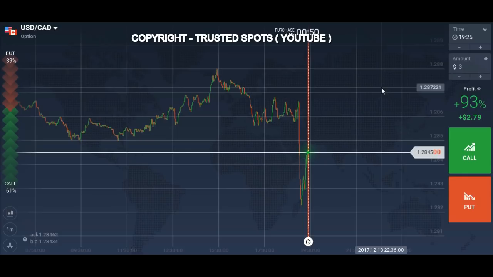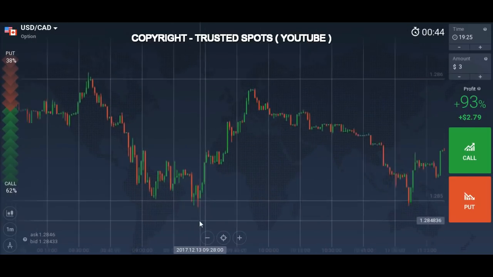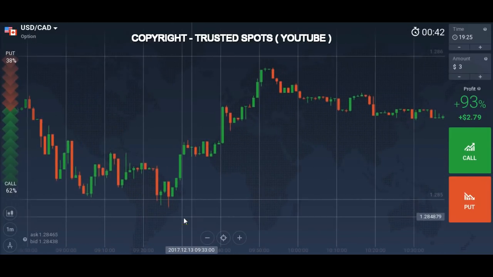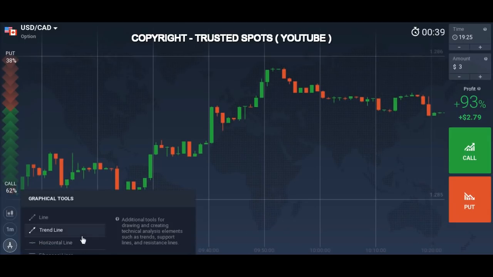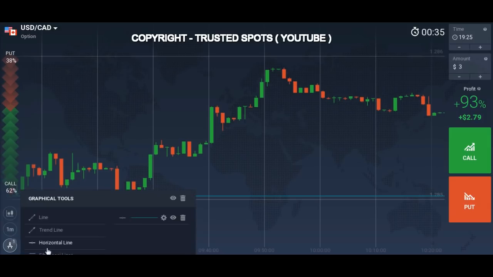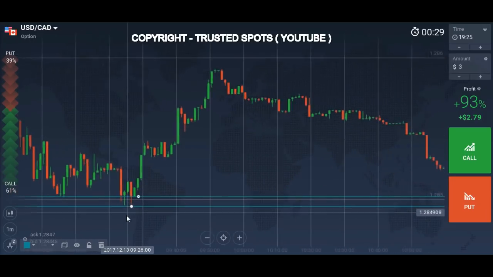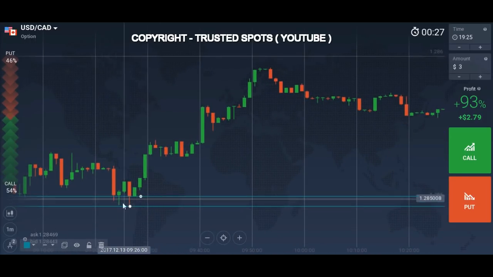So, let's start. I will explain why we are using rejection and what its importance is. Suppose, okay, let me make a level first. As you can see, this is a support area. What do we expect from a support area?